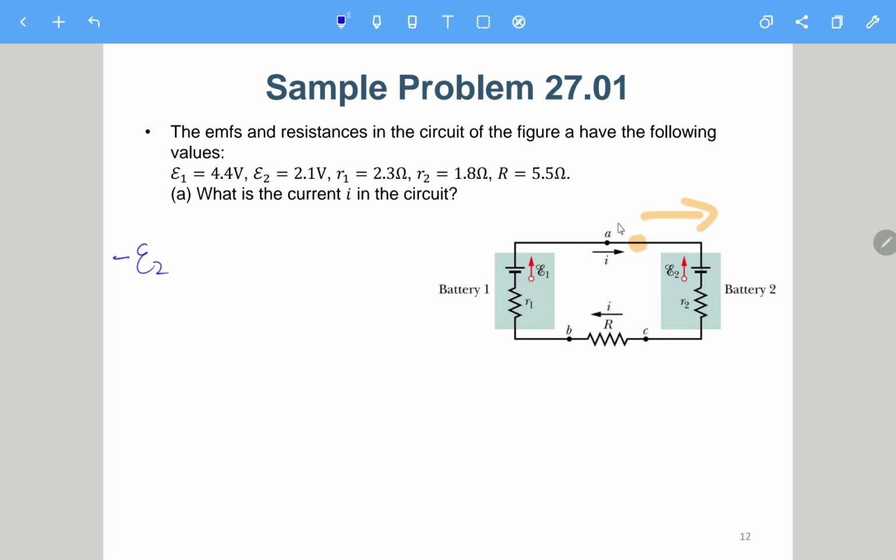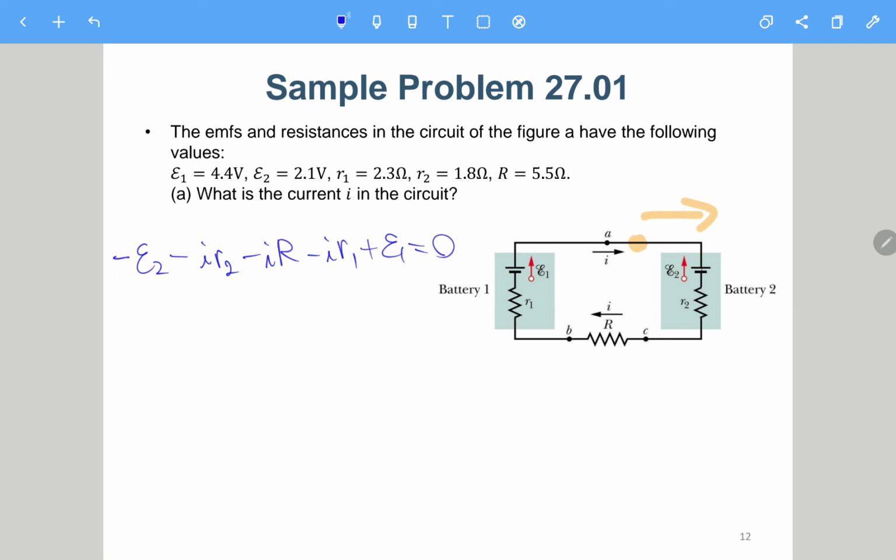R2 has the same direction as the current, so it should be minus IR2, and here minus IR, and then from B to here it should be minus IR1, and then from here back to point A, it should be positive, because this direction has the same direction as the EMF. So we have plus E1 equals 0 because we go back to the original point.